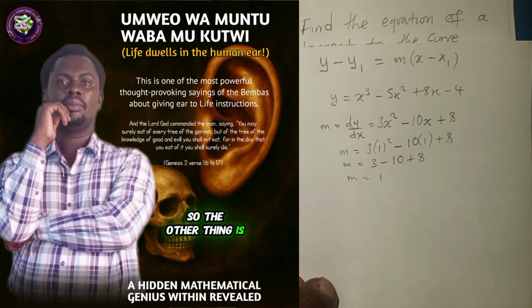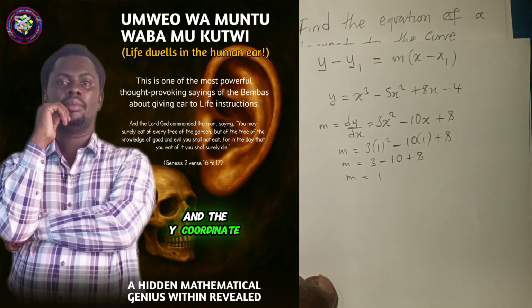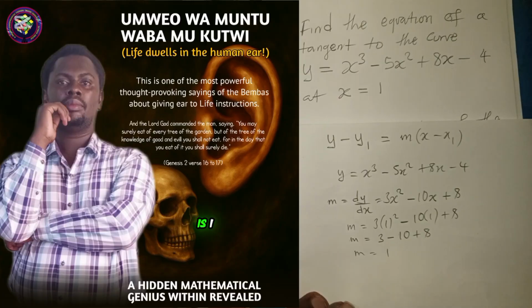So the other thing is that we need the coordinates of the point, that is the x coordinate and the y coordinate. So we already have the x coordinate. We know that x is 1. So we also need the coordinate for y.